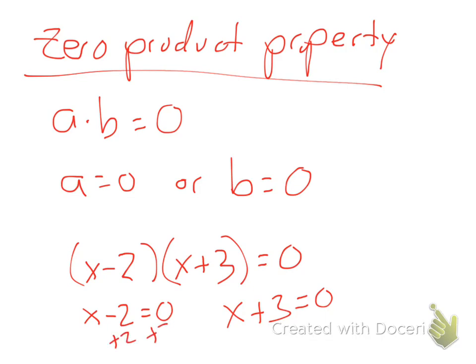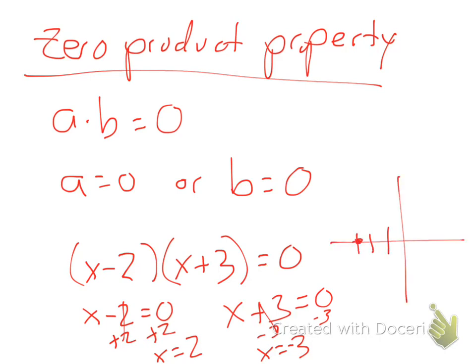I add 2, and so I get x equals 2. If I subtract 3 from both sides, x equals negative 3. So the two solutions to this problem are 2 and negative 3. Here's the cool thing: negative 3 and 2 are the zeros, the x-intercepts, the solutions or the roots to that quadratic.